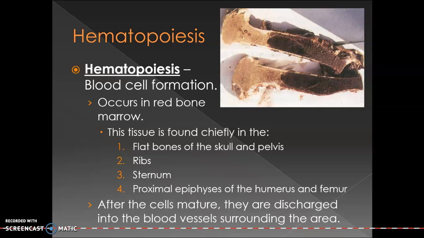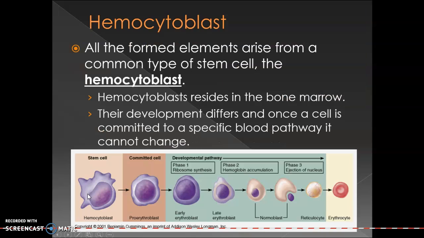The most common places you see that are in flat bones like the skull and the pelvis and the sternum, and then also in your ribs and the proximal epiphysis of the humerus and femur, which you should recognize from when we talked about the skeletal system. So remember, proximal is towards the origin, so up towards your hip and up towards your shoulder is where you're getting blood production. Those cells are created and they're put right into the bloodstream.